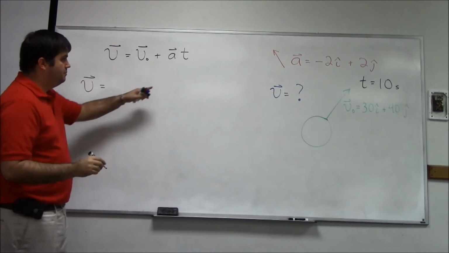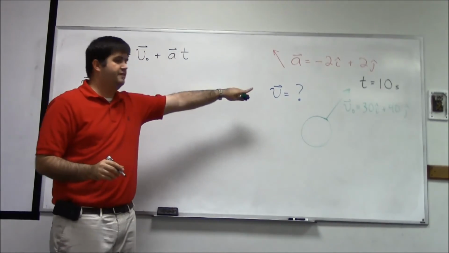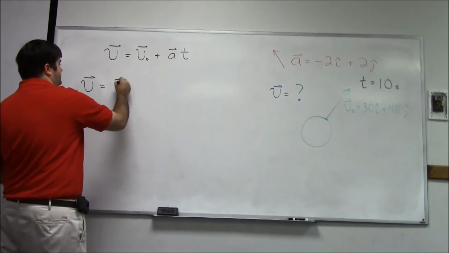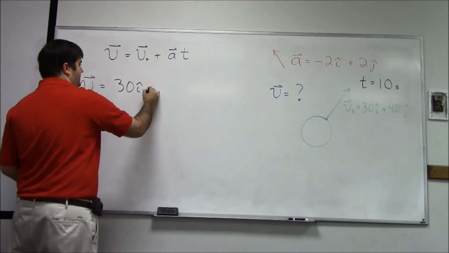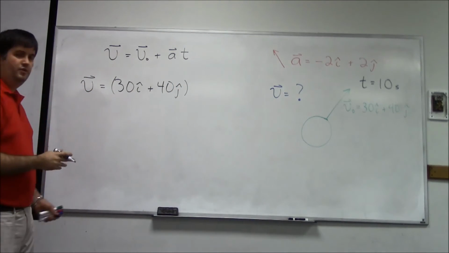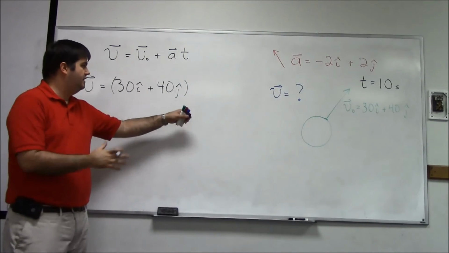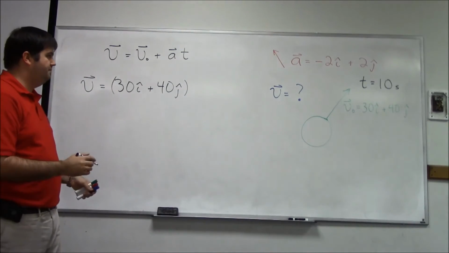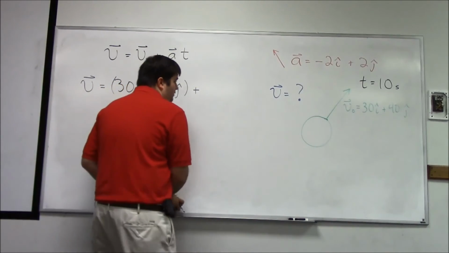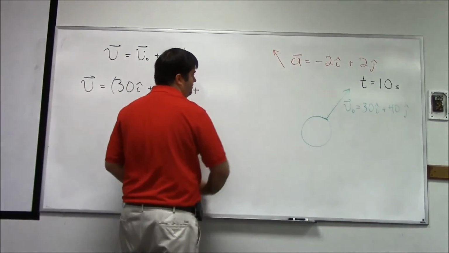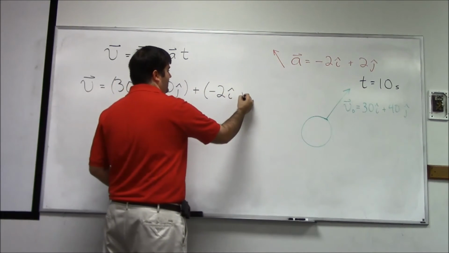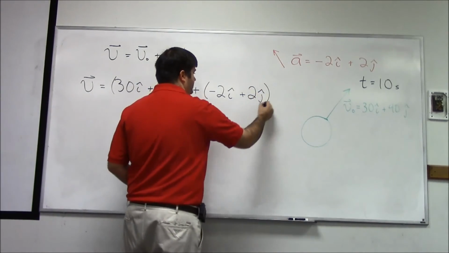v, and now I just start putting in all of my other pieces as the vector components I have up here. My initial velocity vector is 30 i hat plus 40 j hat, and I'm just going to put parentheses there, even though I don't need them, but that's a good way to keep my things separated, make sure I know what's what. Plus my acceleration vector, negative 2 i hat plus 2 j hat.